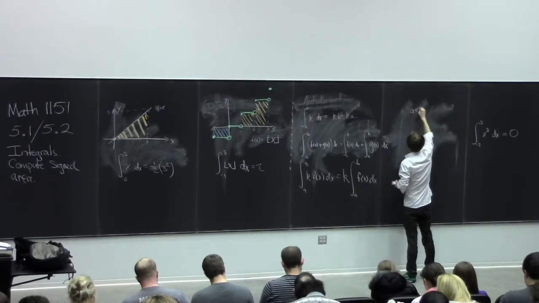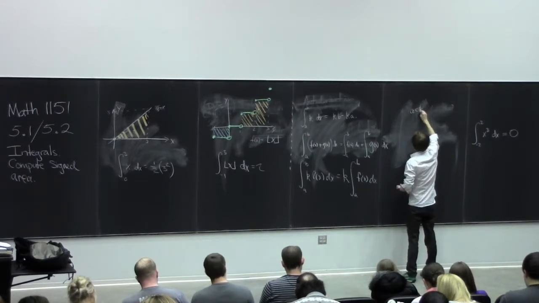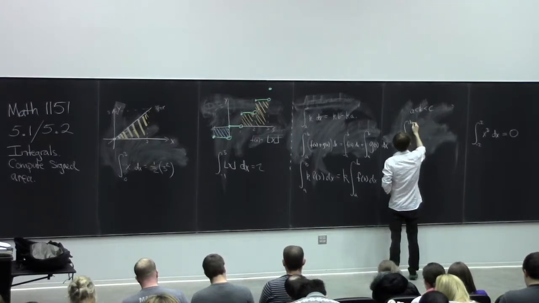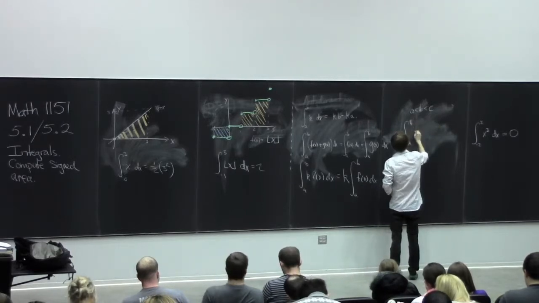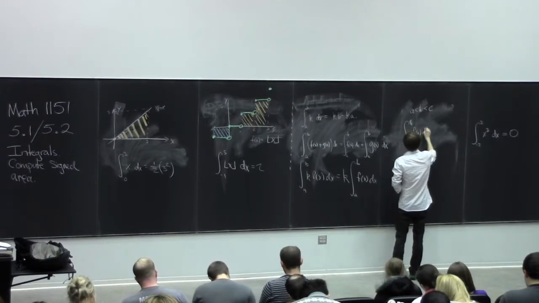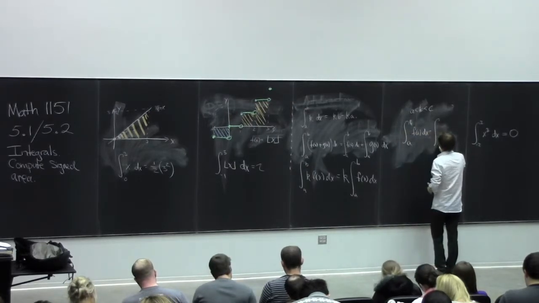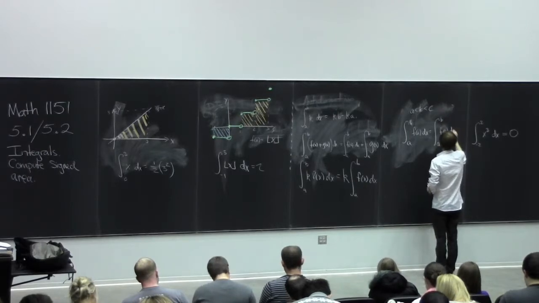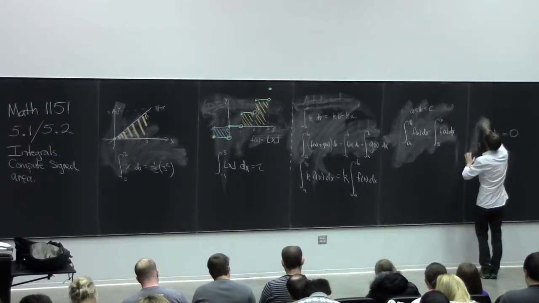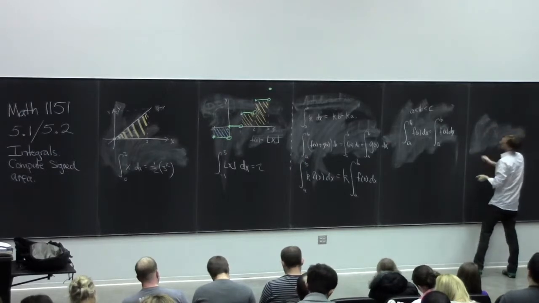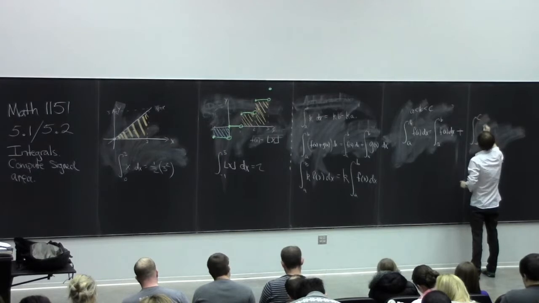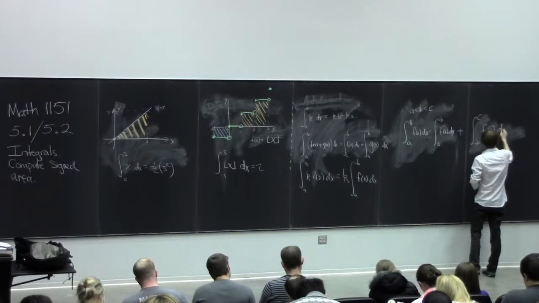If a is less than b is less than c, then the integral from a to c of f of x dx is equal to the integral from a to b of f of x dx plus the integral from b to c of f of x dx.